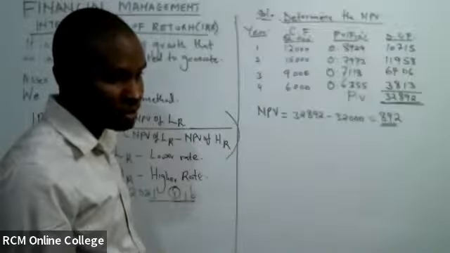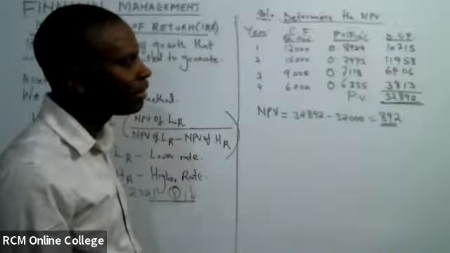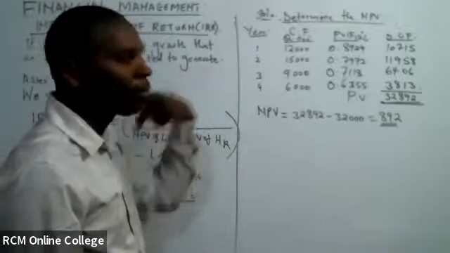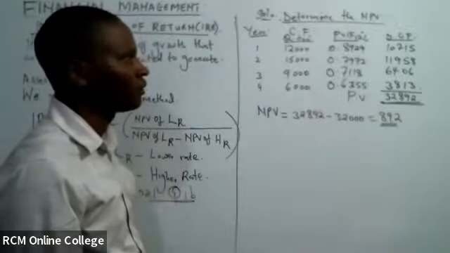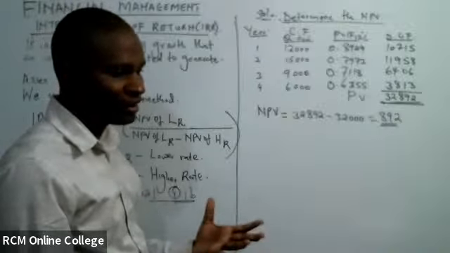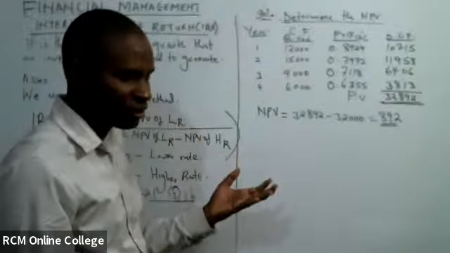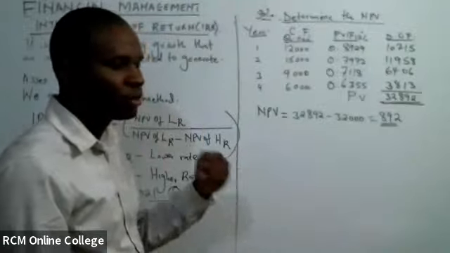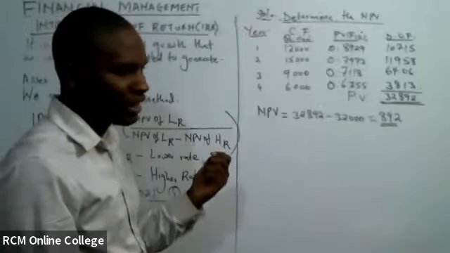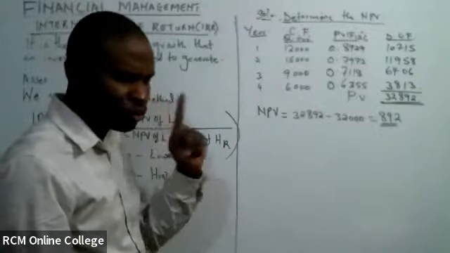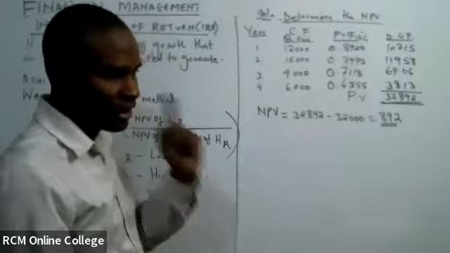Increase the cost of capital. Yes, we are increasing. Miriam is telling us that if we are to increase, then we double that. I would advise all of us, if you get a positive NPV and you want to increase the cost of capital, double it so that you don't start struggling. It is attested that once you double, it will automatically give you either zero or a negative NPV.